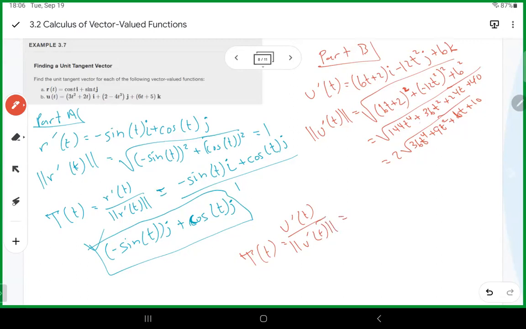All right. So u prime of t over its magnitude is going to be, we will write it out. And I wish I could copy and paste that.